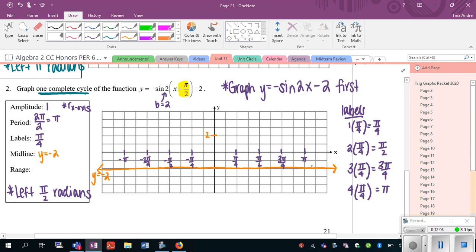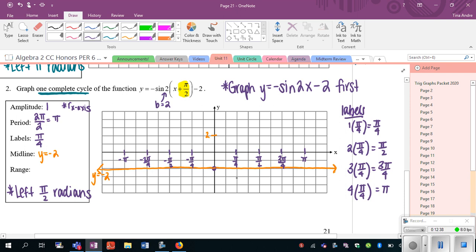That would work. So that means now when I go to do this, I can start my equation. So I'm going to graph that first one in purple. So I'm doing y equals negative sine 2x minus 2. So I'm going to start at my midline. That's how I'm taking care of the ending. Since this is sine, we're going to start at 0. So basically we're starting in place here. And then we're going to go down first instead of up since it's a negative.